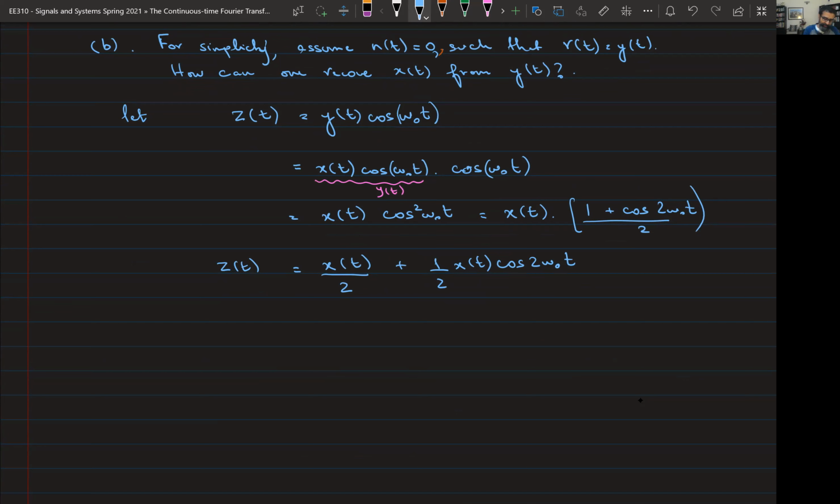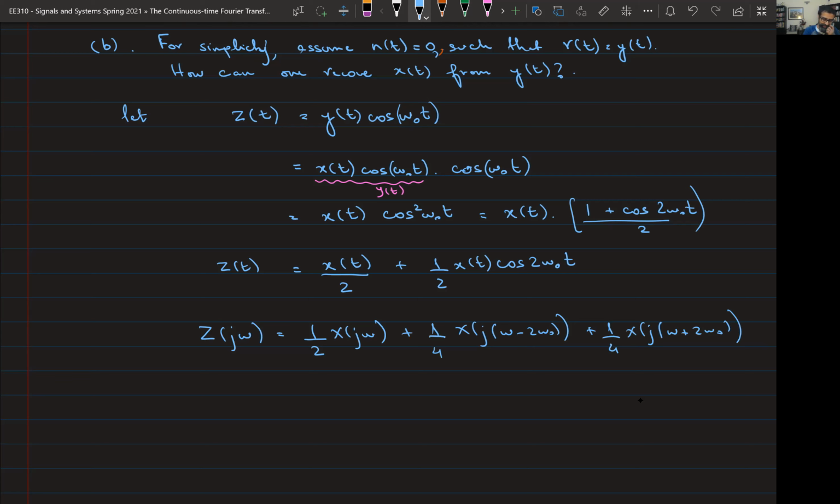And in the frequency domain, I figure out here if I just look at z of j omega, z of j omega is equal to half times x of j omega plus half times x of j omega minus 2 omega naught. Actually, this is 1 by 4, plus 1 by 4 x of j omega plus 2 omega naught.